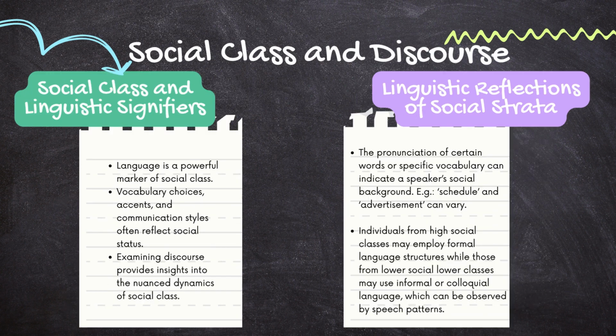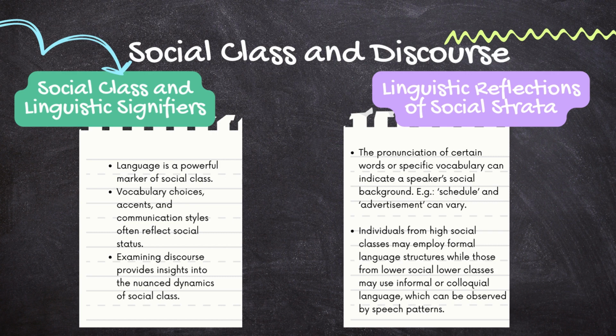Social class and discourse. Language is a powerful marker of social class. Vocabulary choices, accents, and communication styles often reflect social status. Examining discourse provides insights into the nuanced dynamics of social class. The pronunciation of certain words or specific vocabulary can indicate a speaker's social background.